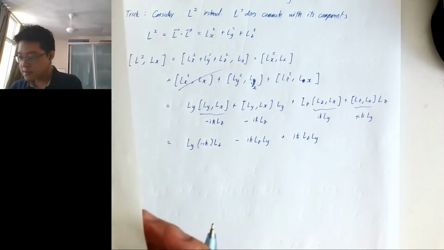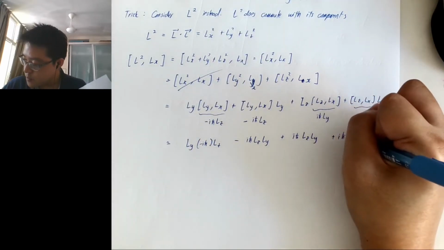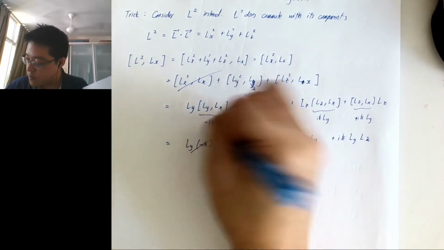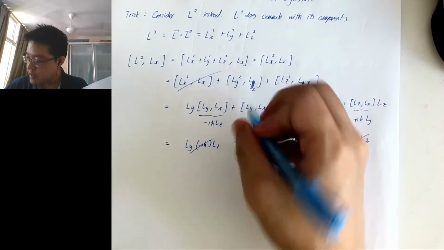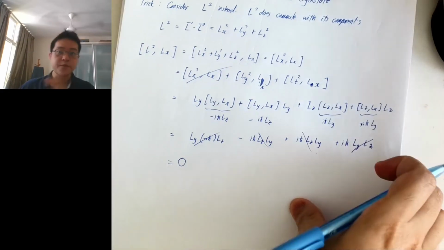Z with x, yeah, z with x is a plus i h bar Ly Lz. Okay, so this looks good because this is negative Ly Lz. These two are negative of each other, so you got 0. Okay, so they do commute.